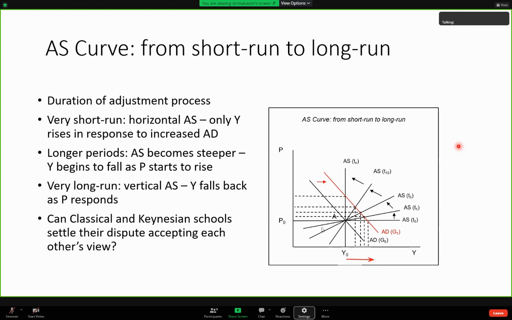That is the long run. What has happened to the output level? It has fallen back to the same point, Yn or Y0 in this case. But the price level has gone up.